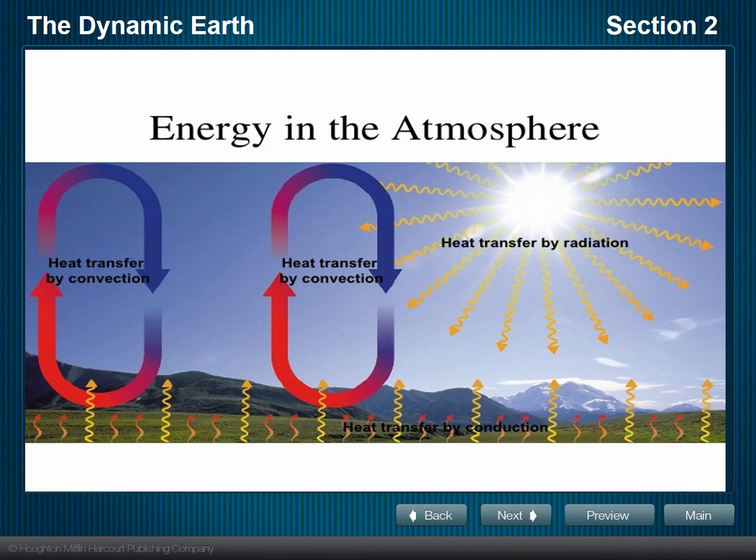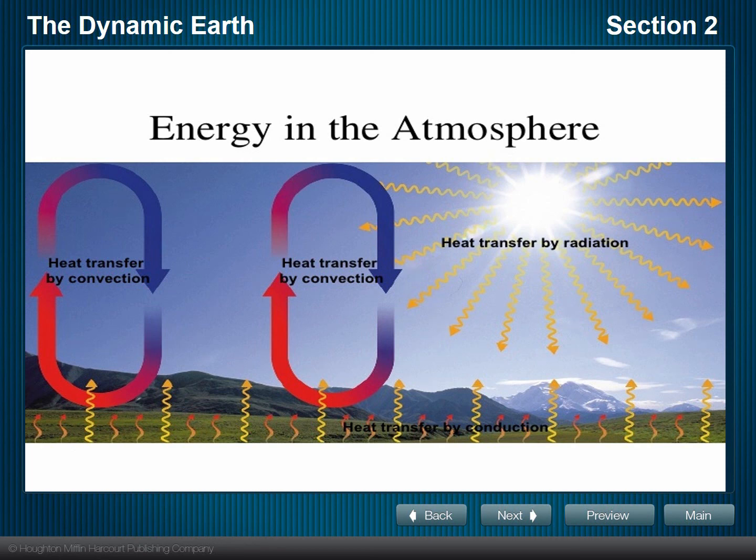Solar energy reaches Earth as electromagnetic radiation, which includes visible light, infrared radiation, and ultraviolet light. About half of the solar energy that enters the atmosphere passes through to reach the Earth's surface. The rest of the energy is absorbed or reflected in the atmosphere by clouds, gases, and dust, or reflected by the Earth's surface.